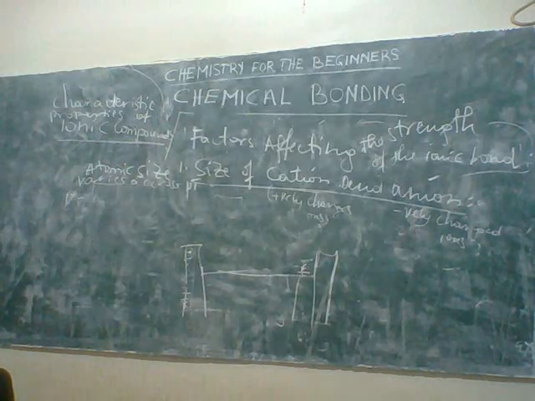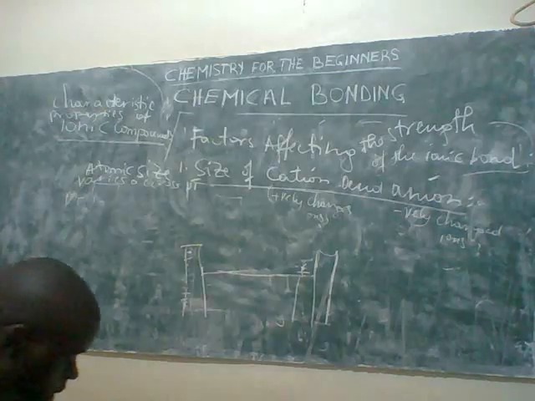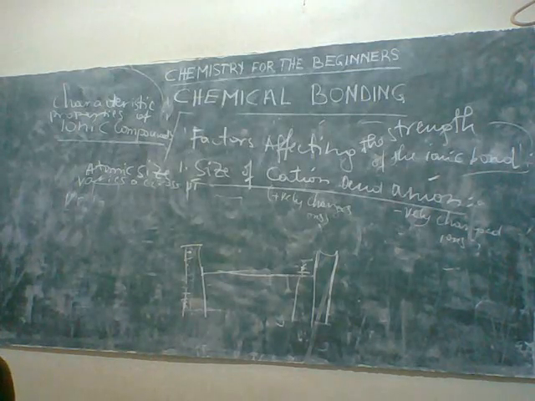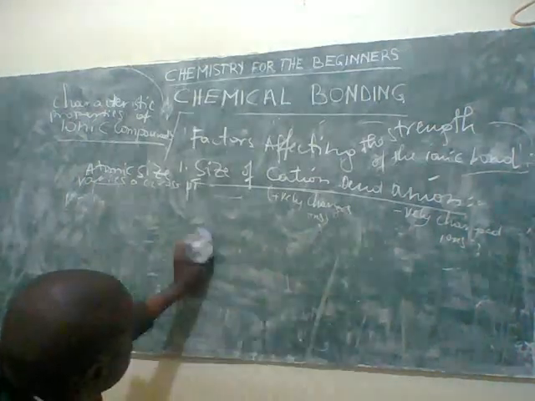Another factor affecting the strength of the ionic bond. As I've said, the first one is the size of the cation and the anion.